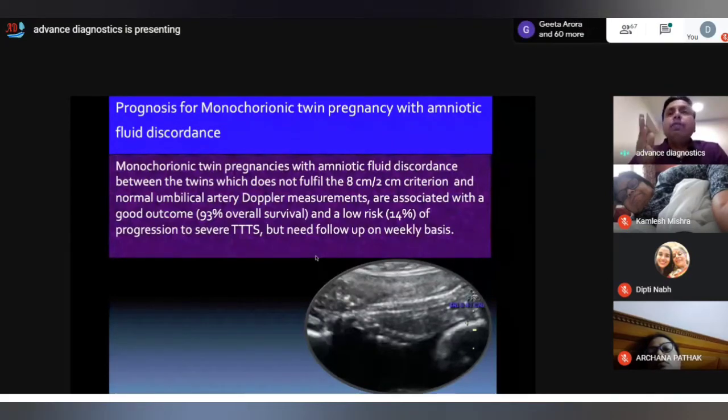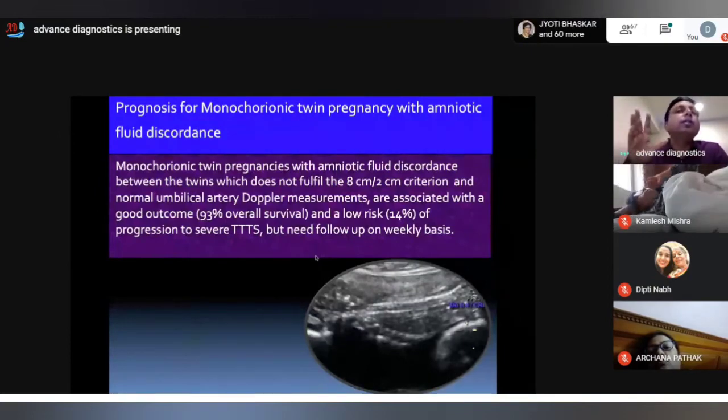So if you are suspecting oligo and poly, but they are not meeting the 8 centimeter and 2 centimeter criteria, you are doing the Doppler and Doppler is normal, then you can counsel that these fetuses have good prognosis, but they need follow-up on a weekly basis so that they do not develop other signs of disease.